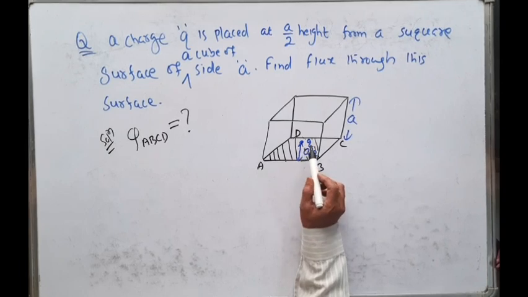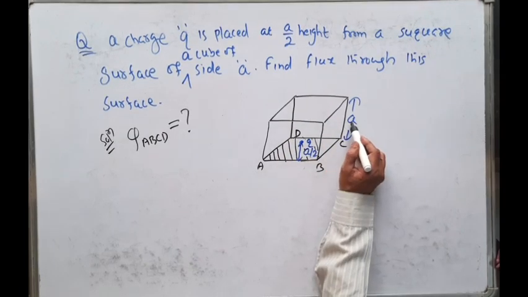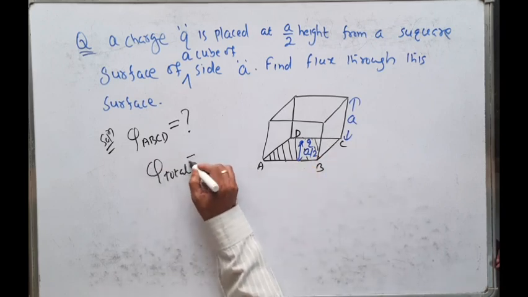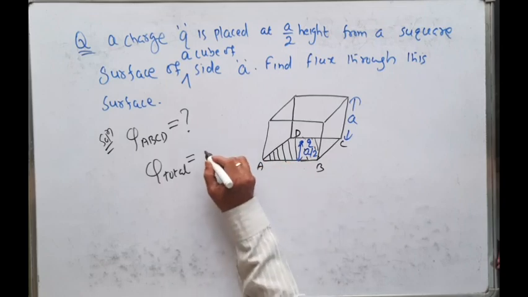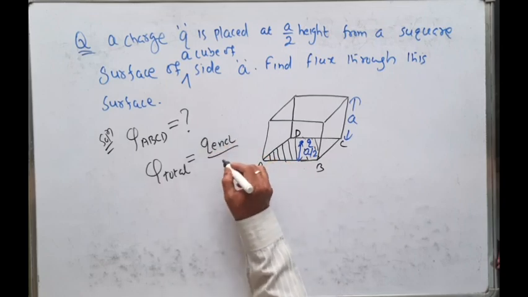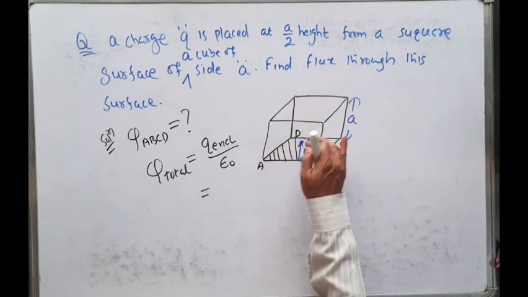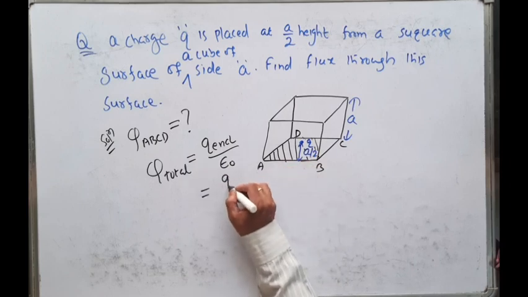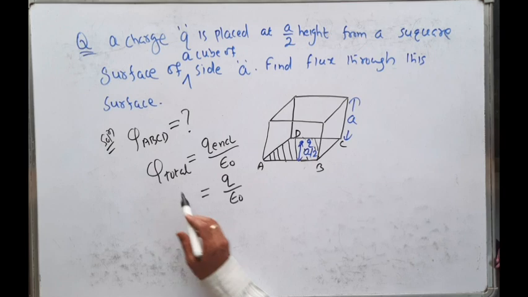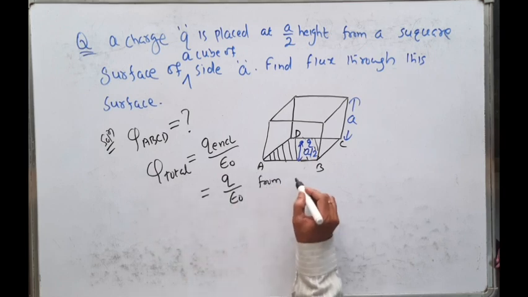Since this is a cube whose side is a, the total flux from the whole cubical surface, according to Gauss law, is the total charge enclosed divided by epsilon naught. Within this cube, the charge enclosed is Q, so the total flux is Q divided by epsilon naught. This flux comes from how many surfaces?